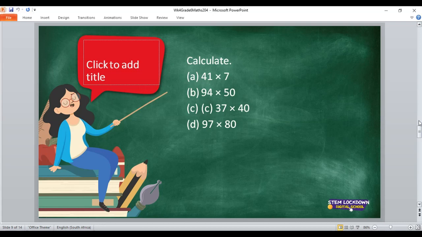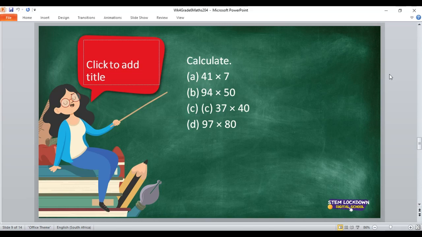Okay, same thing that goes for D. 97 multiplied by 80. We will then have 90 multiplied by 80 plus 7 multiplied by 80. And then we deal with our distributive part, where we're looking at our multiplications first, and then we add all the value parts and get our answer.